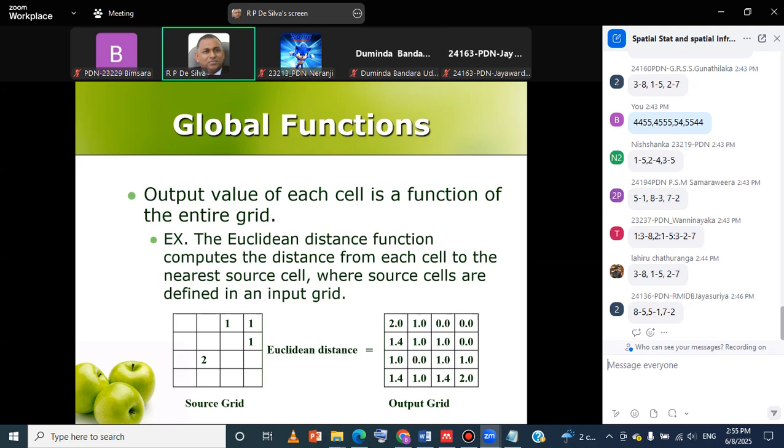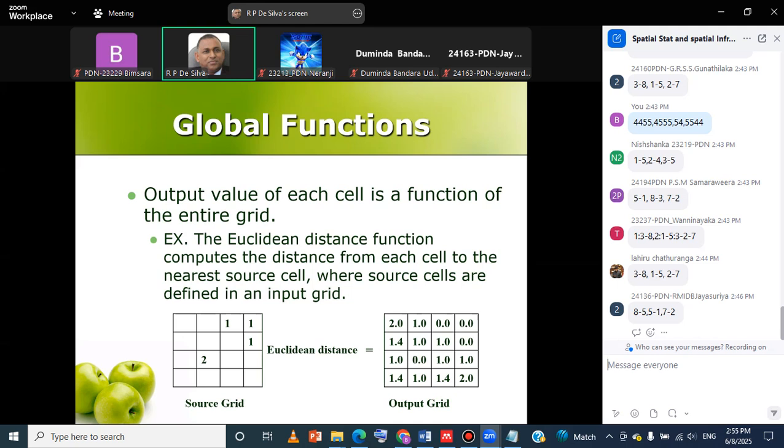Only one cell with number 2, that is a well. Now, looking at each and every grid, you want to compute Euclidean distance to that particular cell.